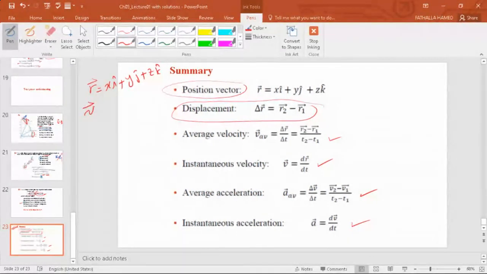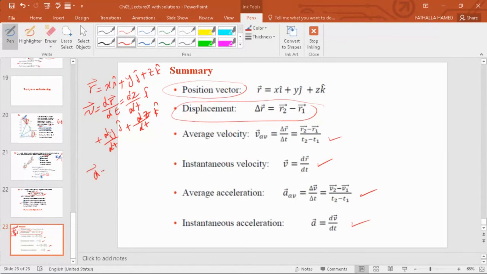And we said that v is dr by dt, which basically was equal to dx by dt i hat plus dy by dt j hat plus dz by dt k hat.